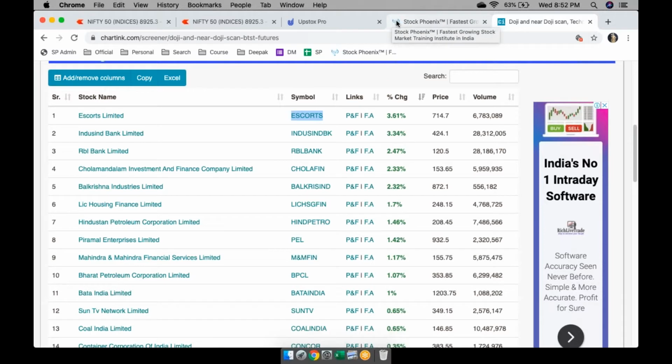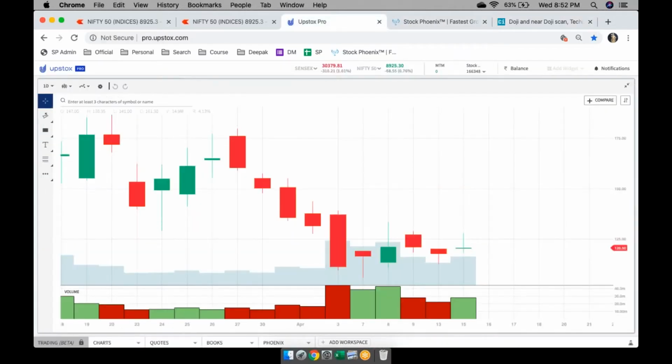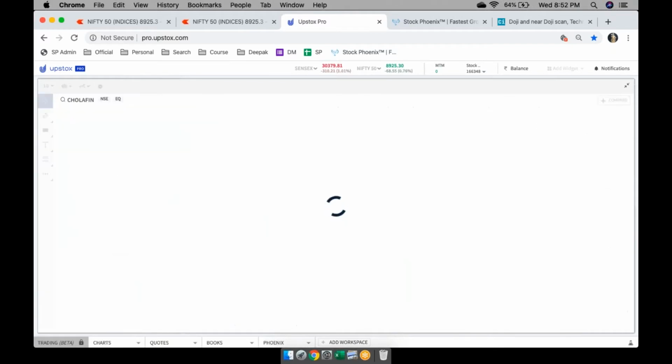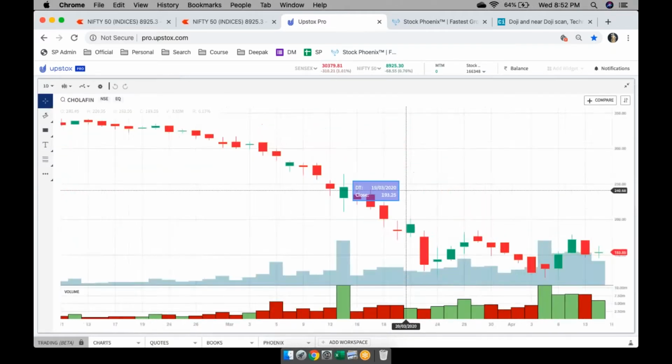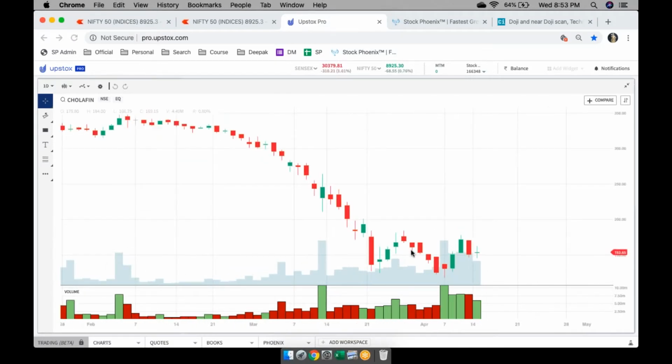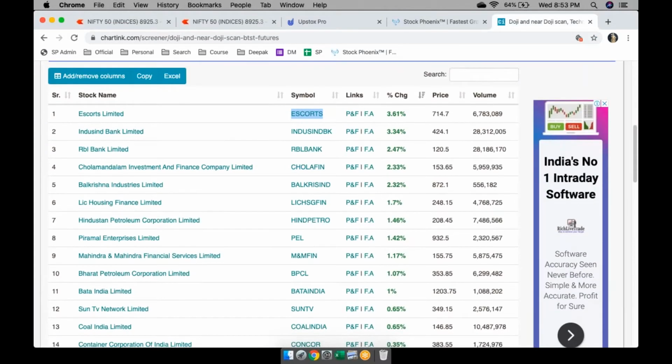Cholafin, Balkrishna India. Again, we can see there is enough sideways market. See, it's like 1 2 1 2. So it is yet to come down. It is rejected. RBL rejected because of high stop loss. Okay. Next.